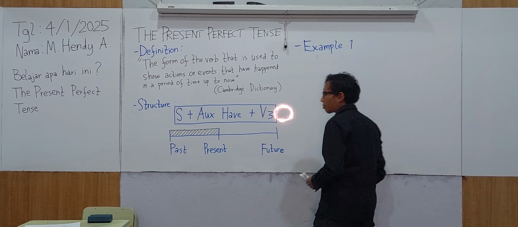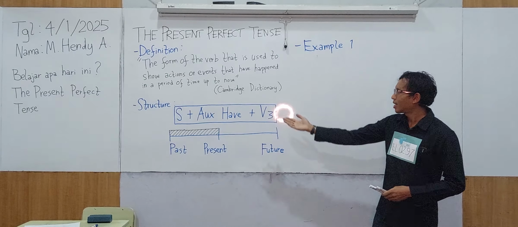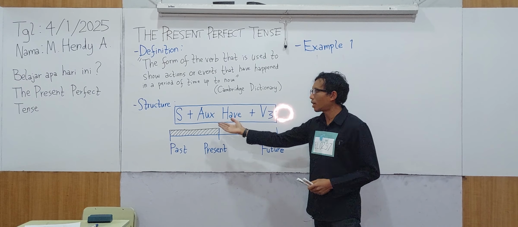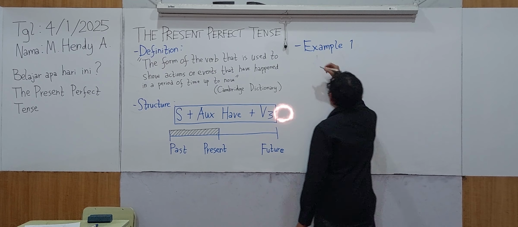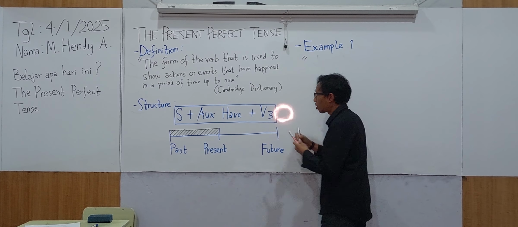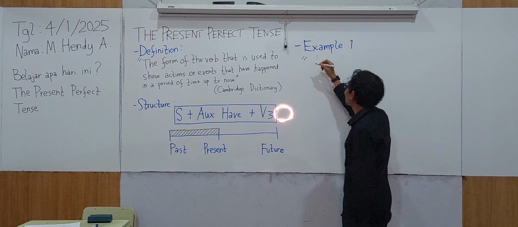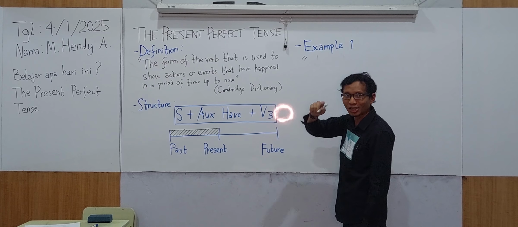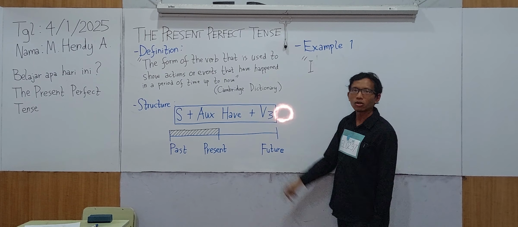Example 1. Remember the structure, right? Subject plus auxiliary verb have plus verb 3. So, what's the subject? I. Alright, remember, imagine that you were Alex now. I, and then auxiliary verb have.